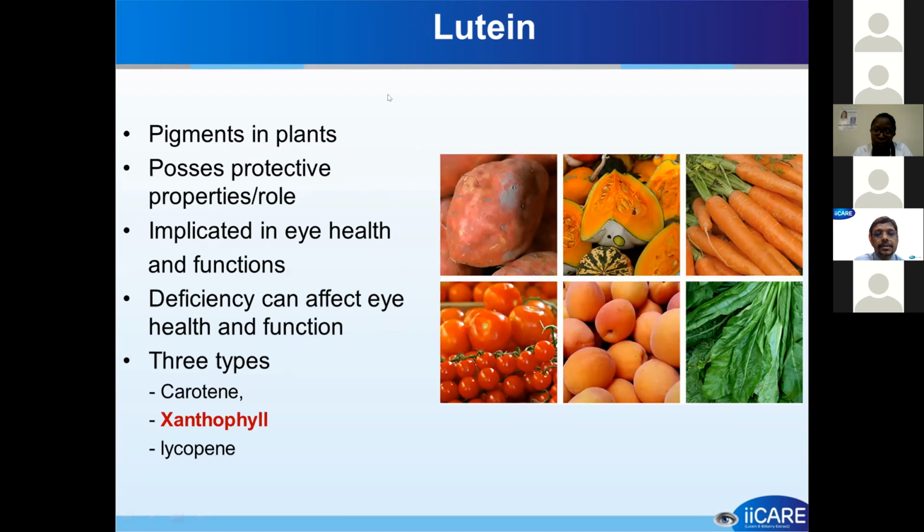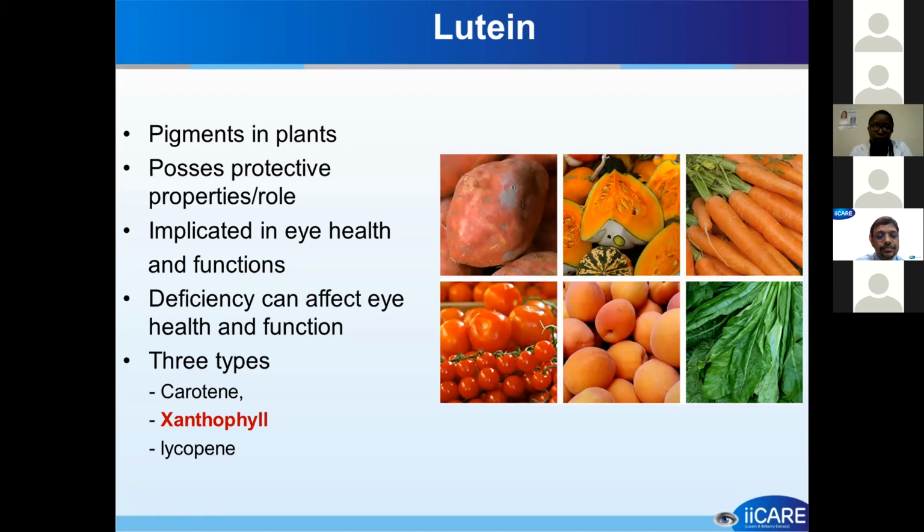As we know, lutein is from the xanthophyll group of carotenoids. Carotenoids are the pigments which we find in plants, and basically they are implicated in the protection of the plants themselves. Humans do need these carotenoids, or antioxidants, for various physiological functions and health.